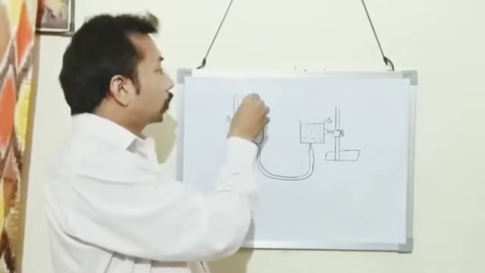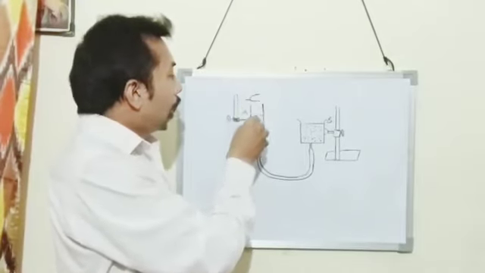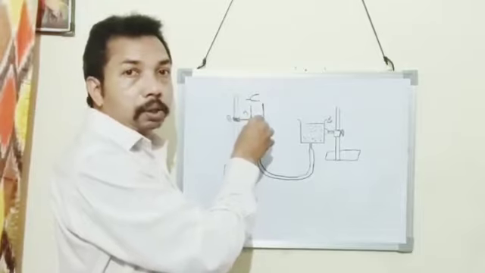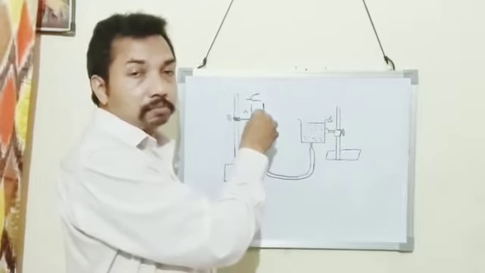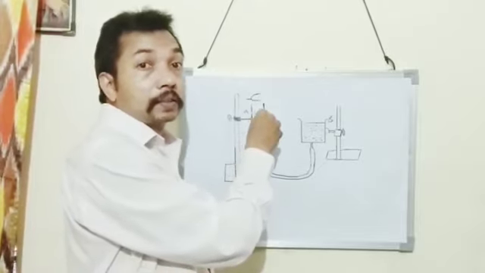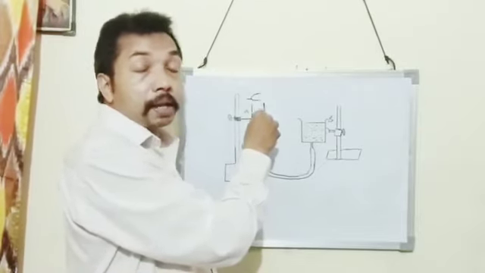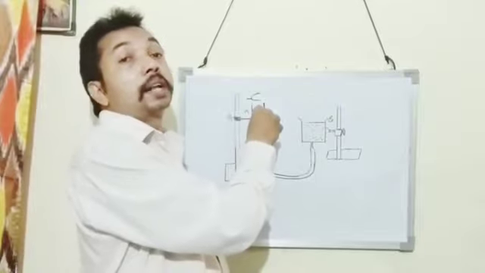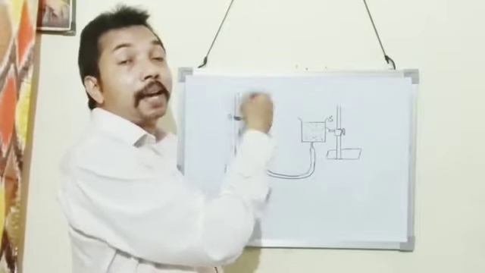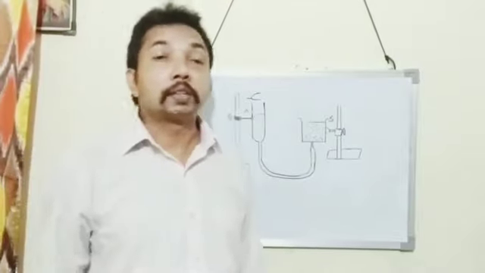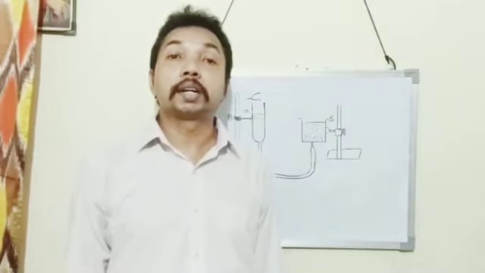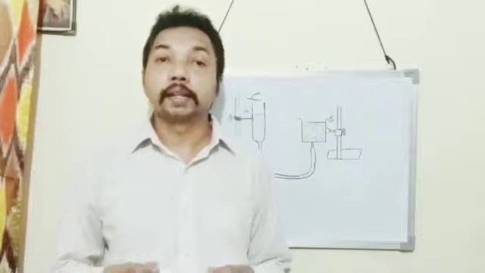Suppose the tuning fork's frequency is 400 Hz, and the frequency of the air column also becomes 400 Hz. So both are matching. Then resonance takes place, the air particles vibrate with a larger amplitude and a louder sound is produced. So this is an experiment demonstrating resonance in air column.